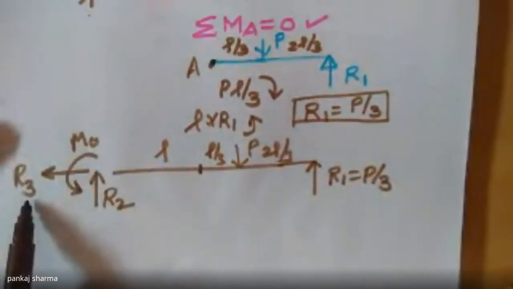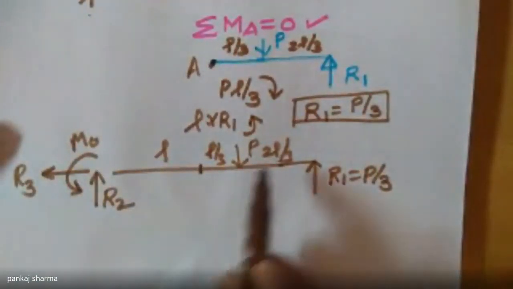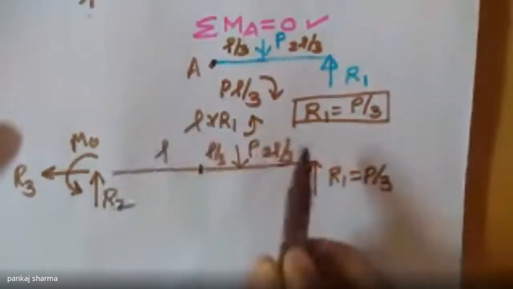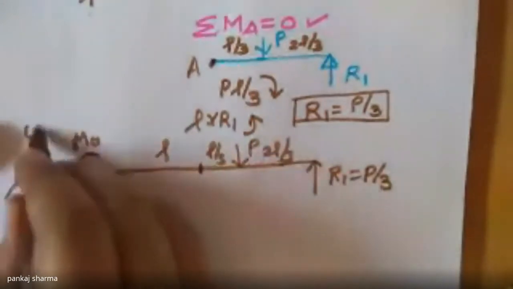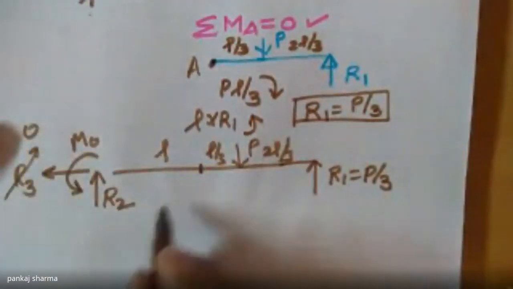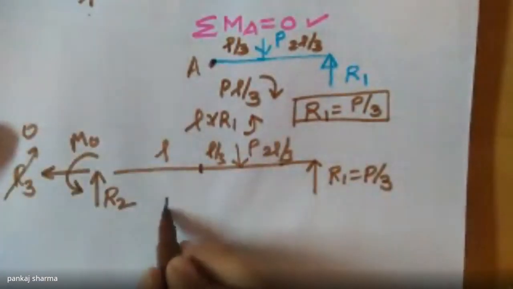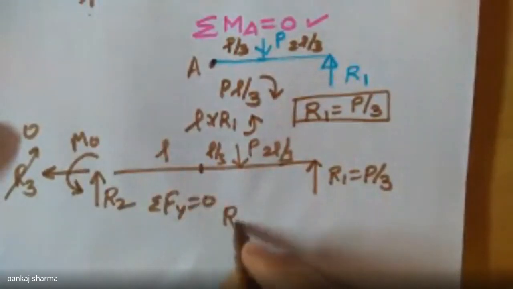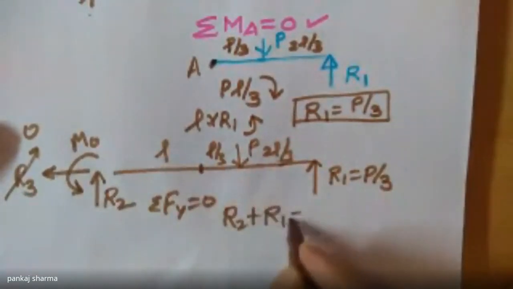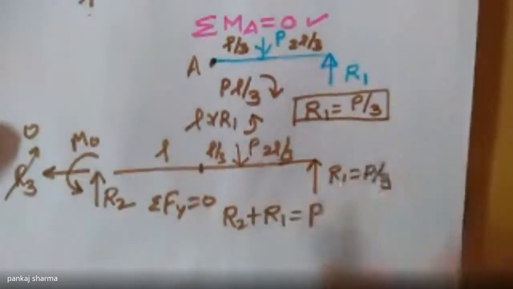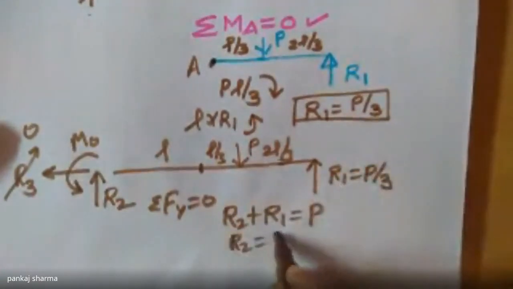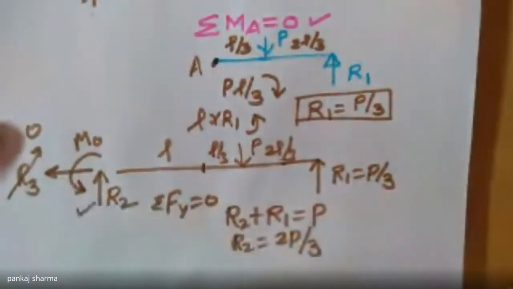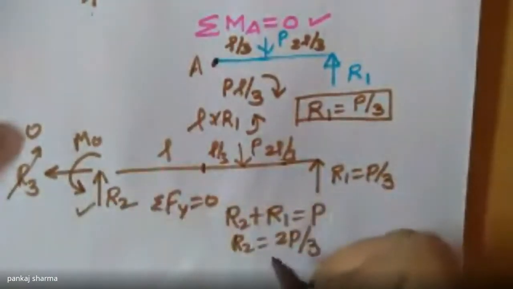We can directly say R3 becomes 0 because there is no horizontal force acting on the beam. So the summation of Fy equal to 0 gives R2 plus R1 equal to P, and R1 is P by 3, so R2 is 2P by 3. So R1 and R2 are calculated.